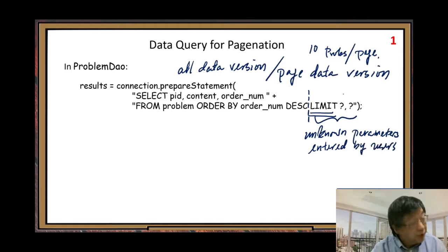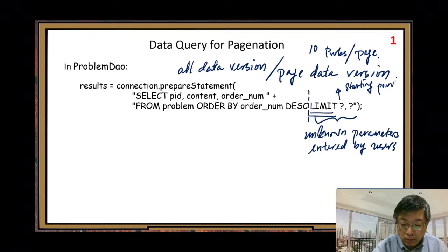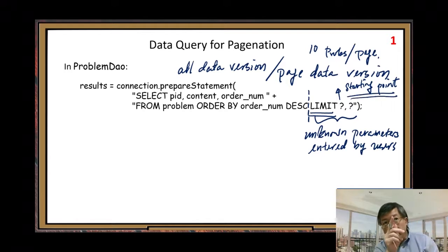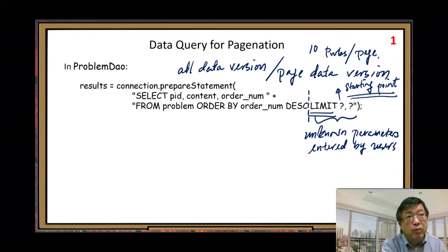The first one we need to know the meaning of is the starting point. But later we need to look at how we calculate it, how we understand the starting point. That could be different, right?